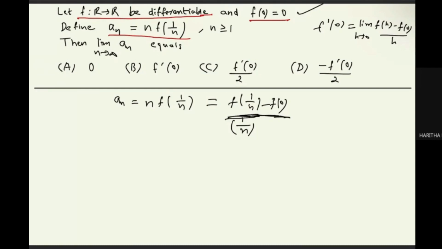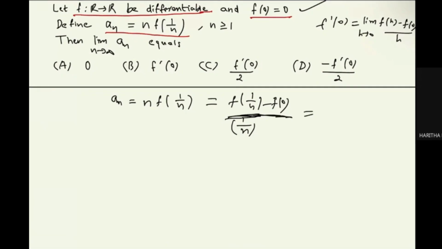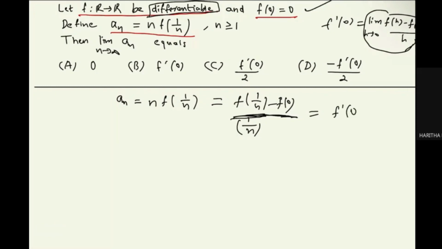So by the sequential criterion, as she said, this is the same as that limit. And by the given condition that the function is differentiable, it is differentiable at 0. So that limit exists, and that limit should be f dash 0. I hope you got the point, right? So we approach through the sequence 1 by n.